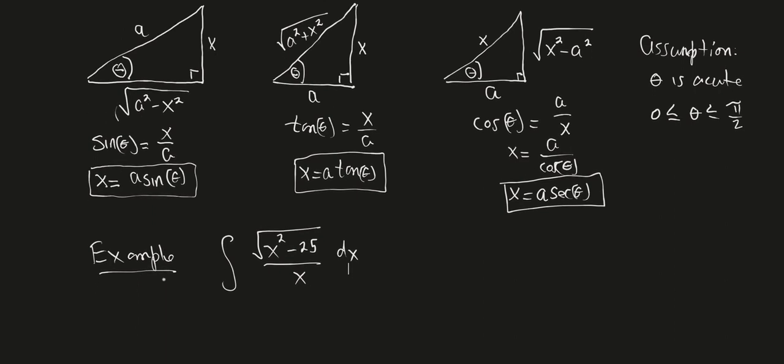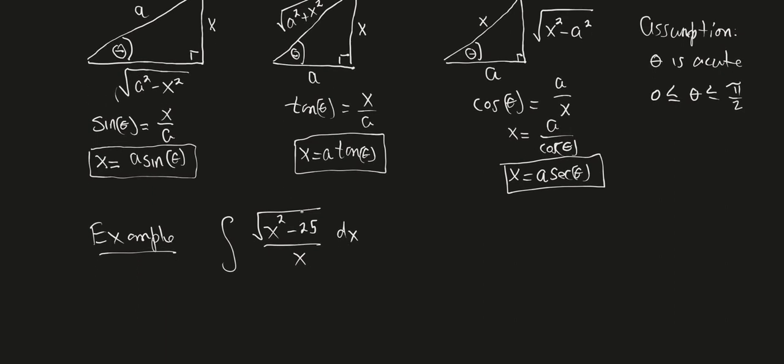As much as we would like to, x squared minus 25 is not a perfect square. It is a difference between two squares, so we can't just take the square root of the x squared and the square root of the 25. If we could do that, then this whole process would not be needed.